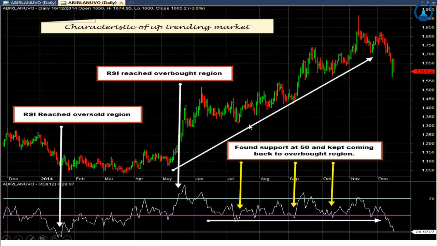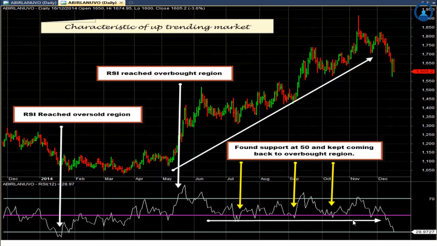So this is a characteristic of an uptrending market. In an uptrending market, RSI never gives a reading of below 30. Rather, it tends to find support in the region of 50 and 40. The exact opposite is the characteristic of a downtrending market.